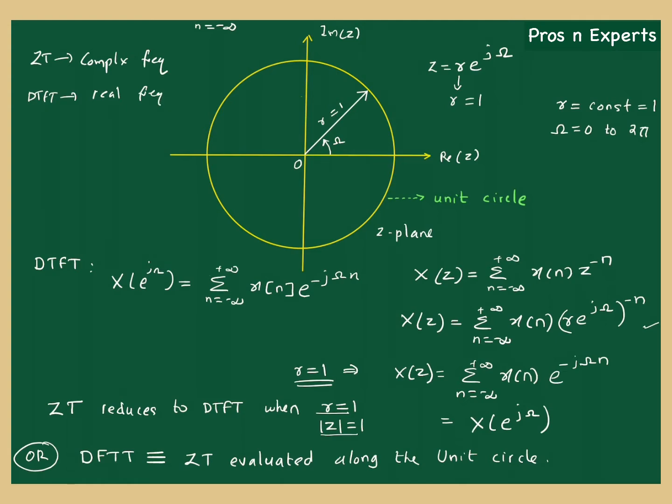So actually this plane is entirely the Z plane, but only a portion, this unit circle alone, stands for DTFT. Like that, complex frequency is a superset and real frequency is only a subset. Out of this complex superset, the real frequency exists only along this unit circle. So that's the sense of this answer.